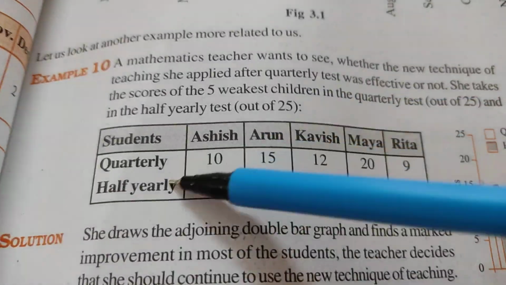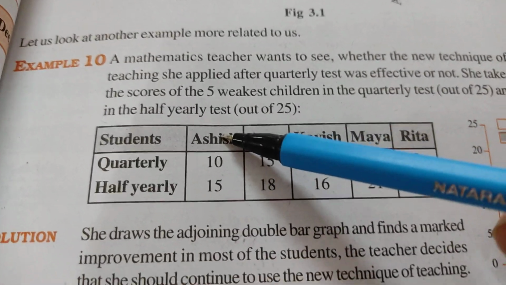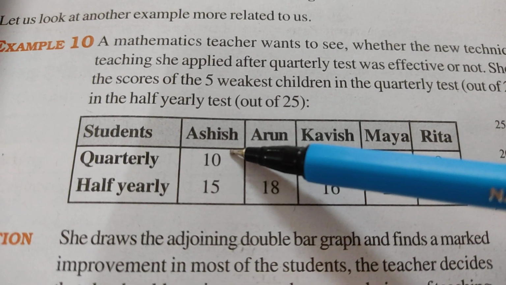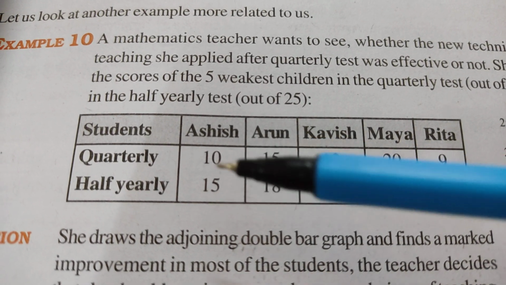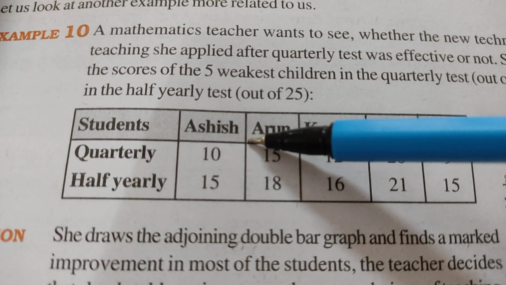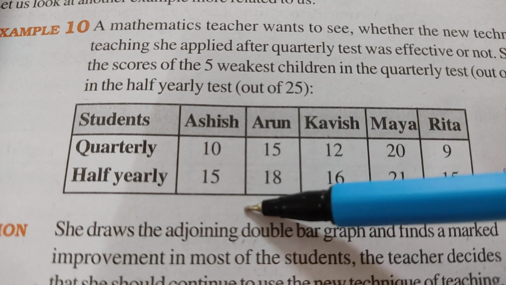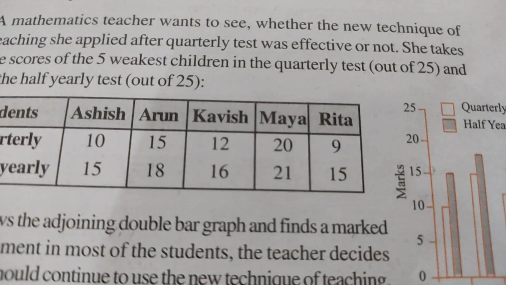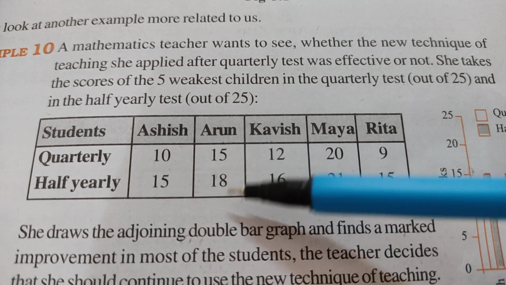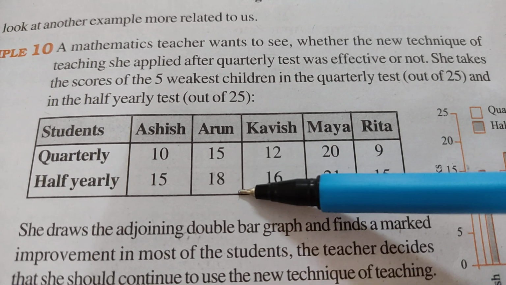Suppose there is one information about five students' performance before half yearly exam, that is in quarterly exam and in half yearly exam. Teacher wants to compare whether his students have done some improvement or not. So we have to compare these two data. So we will draw double bar graph.